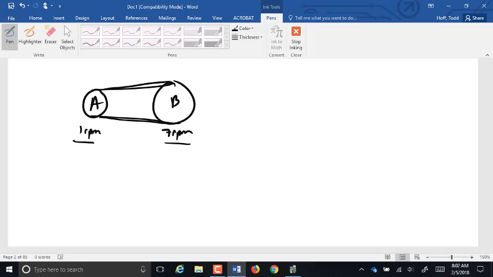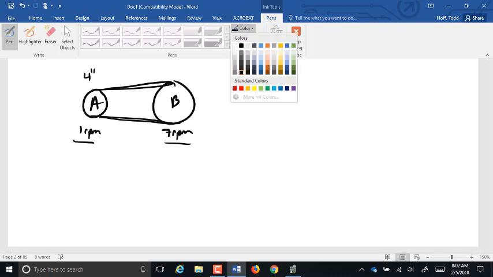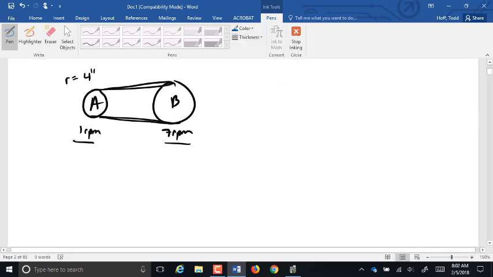But anyway, let's take a look at the sizes here. Pulley A has a 4-inch radius. Find the radius of pulley B. That is radius, should be labeled so we don't think that is a diameter. So anyway, that's going to be 4 times 1 equals the size of B times 7. 4 equals 7B.